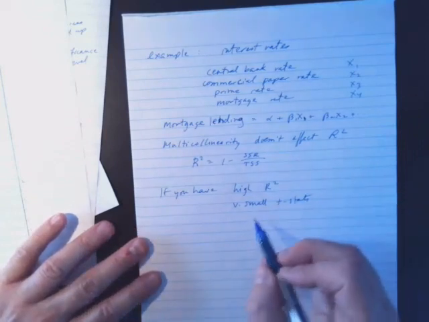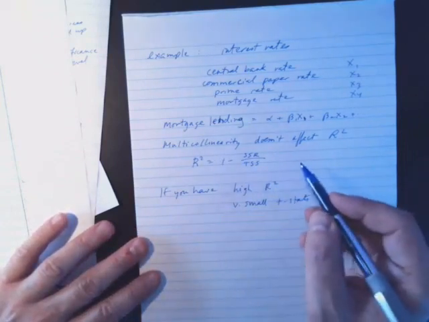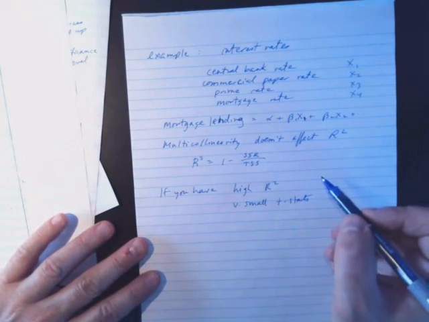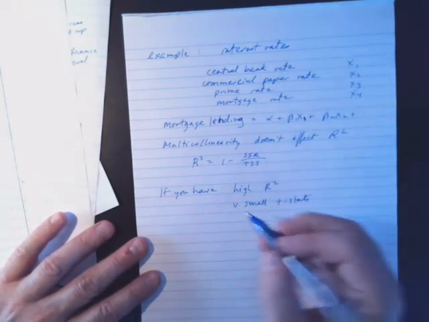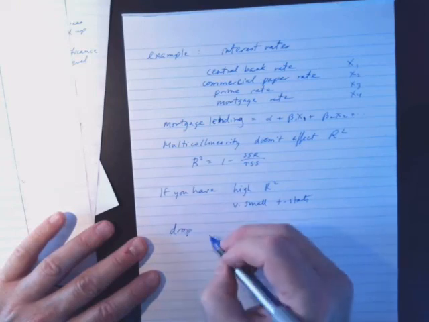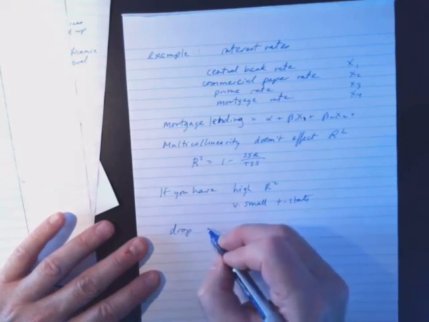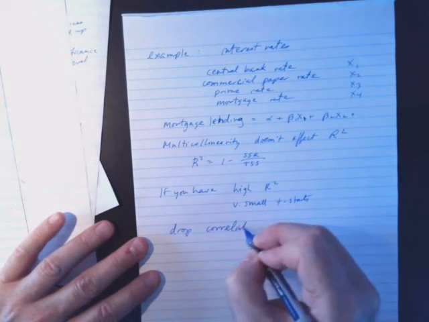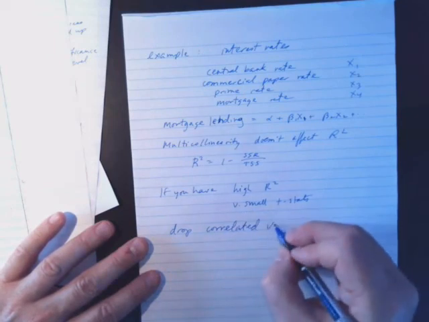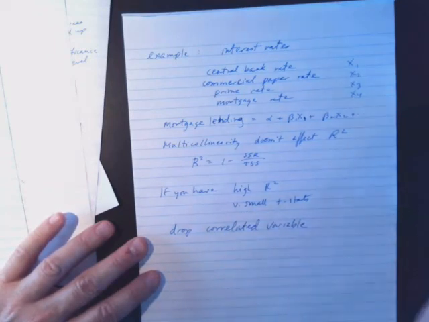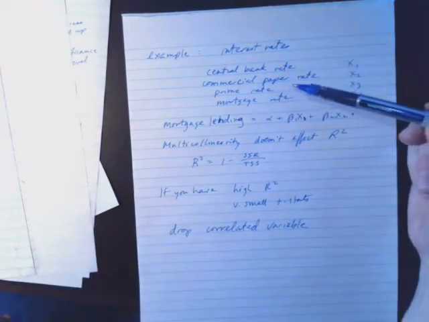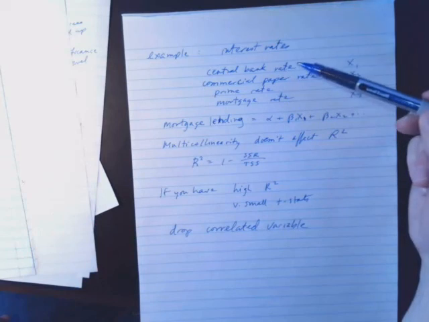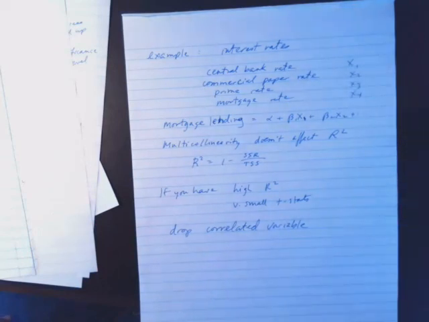So the way that you fix multicollinearity is that you drop at least one of these correlated variables. You could look directly at how these are correlated. If you just computed the direct correlations, you'd see they're all very highly correlated with each other.